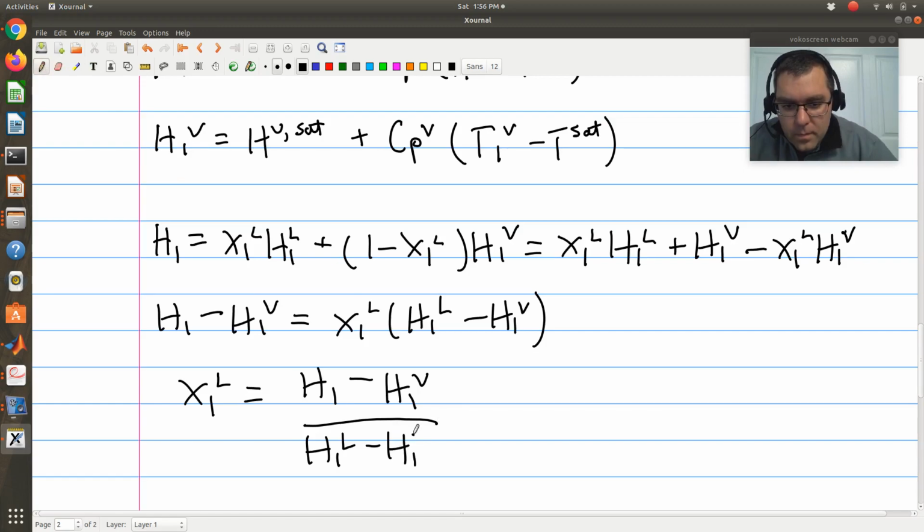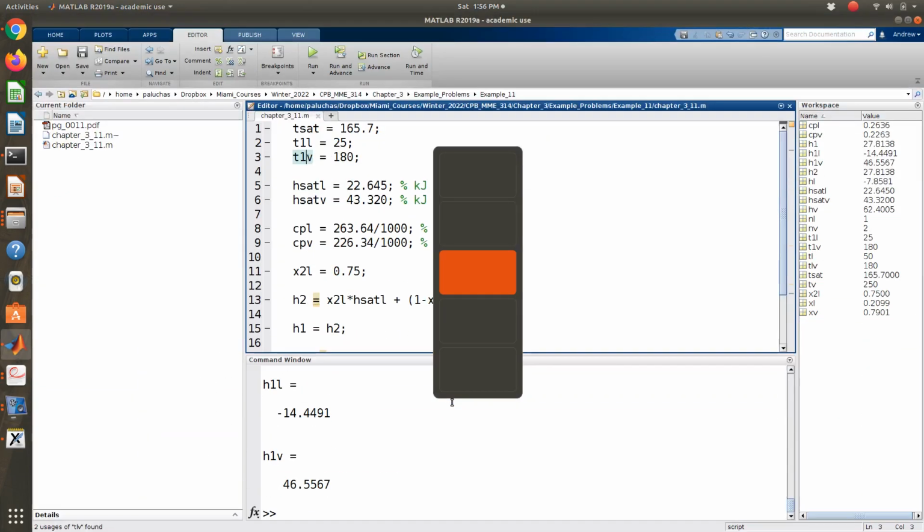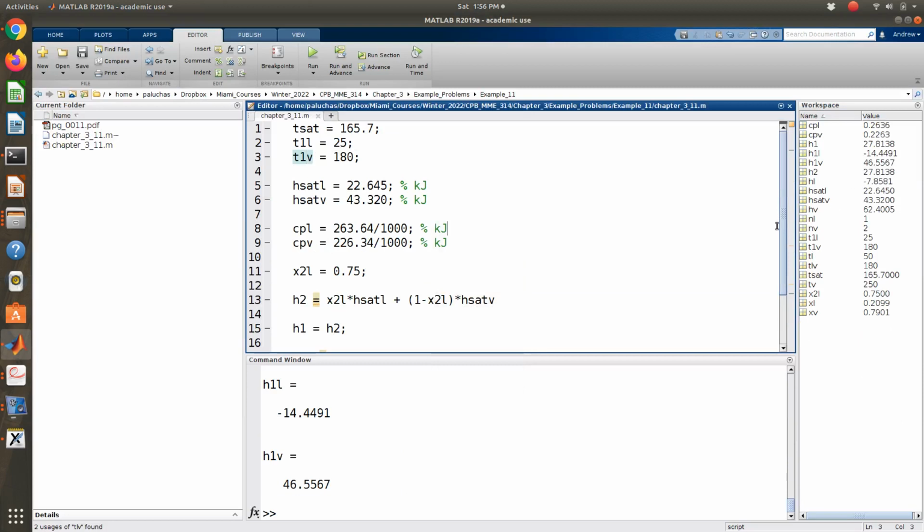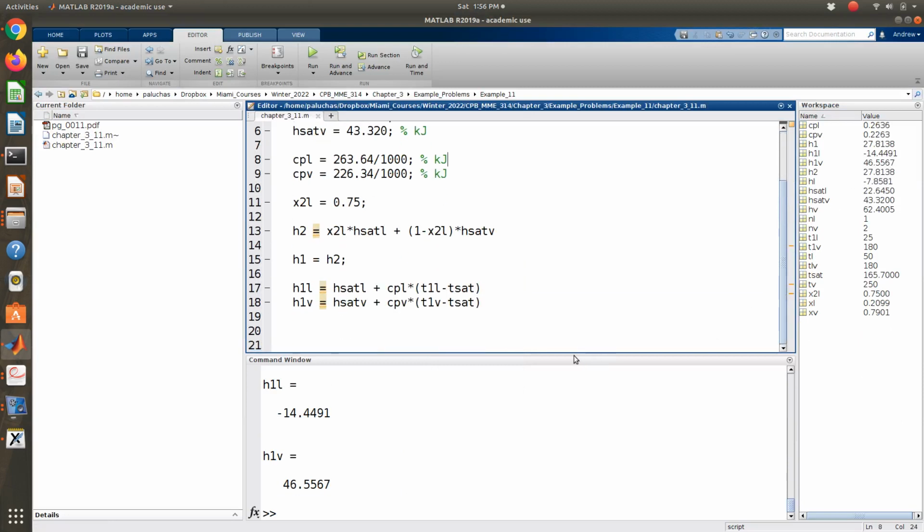Cool. Okay, so let's solve for X1L. So X1L is equal to H1 minus H1V divided by H1L minus H1V.